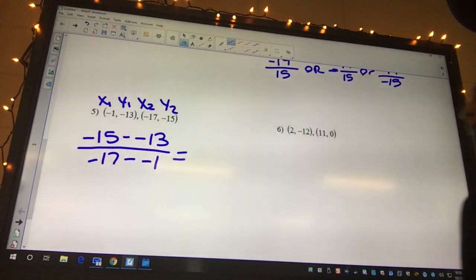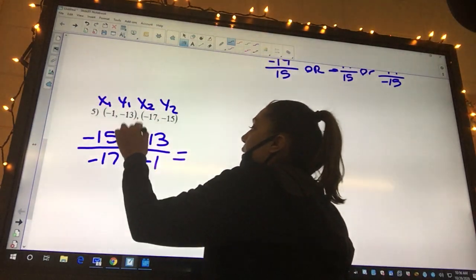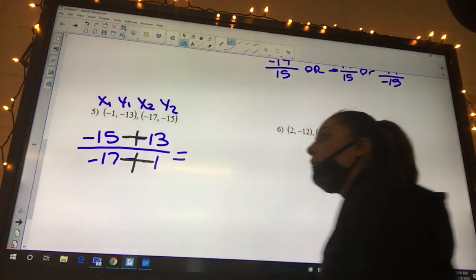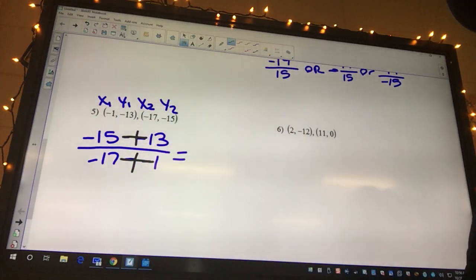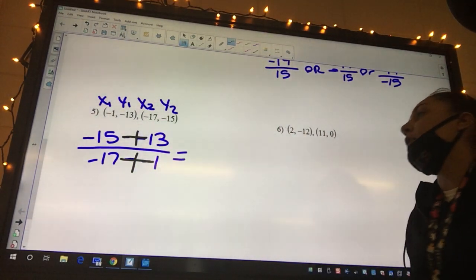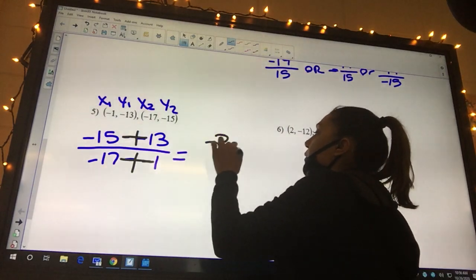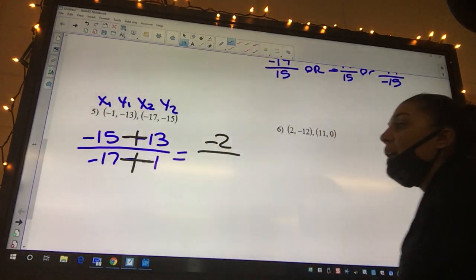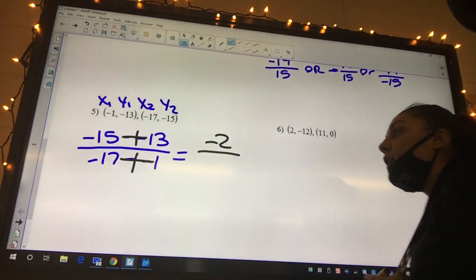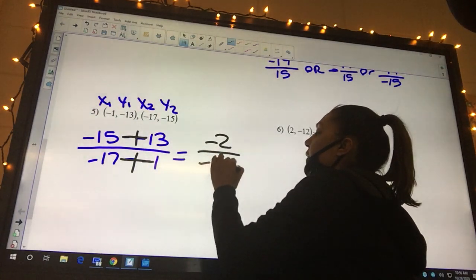I can change all my minus minuses to a plus and a plus. So negative 15 plus 13 is going to be negative 2. Negative 17 plus 1 is going to be negative 16.